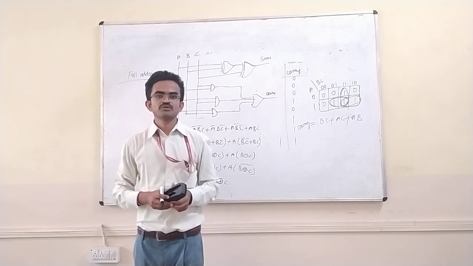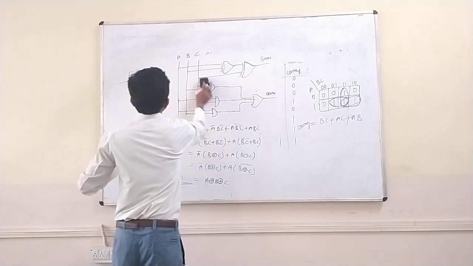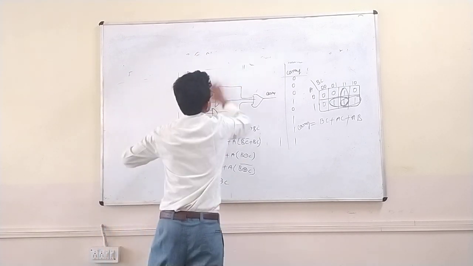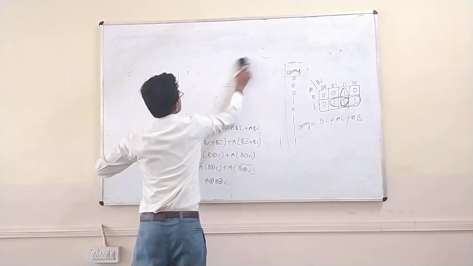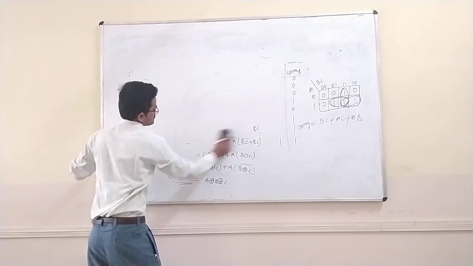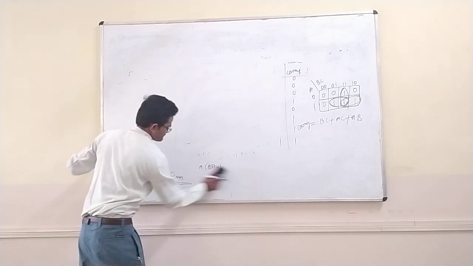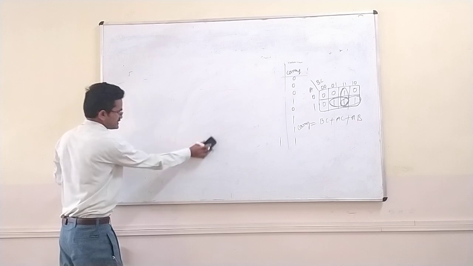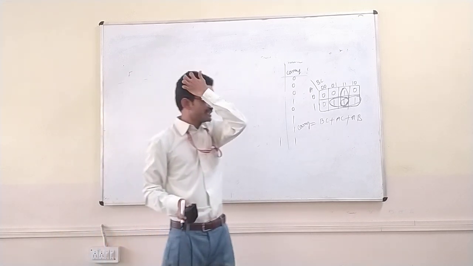Okay. Next we will discuss a multiplexer. So what is a multiplexer? A multiplexer is a combinational circuit.